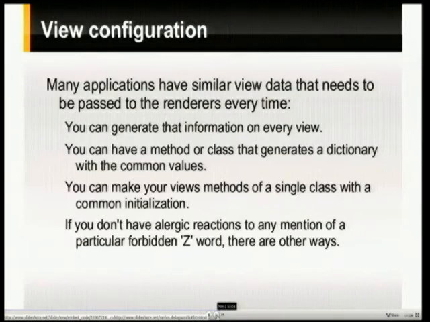So all of those views need the cart, all of those views need access to what's on the cart and all the information you are capturing and at what stage you are. So Pyramid allows you to generate a class that generates a dictionary with that, and you have a common initialization for that.